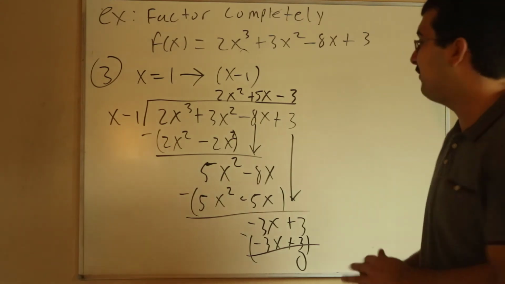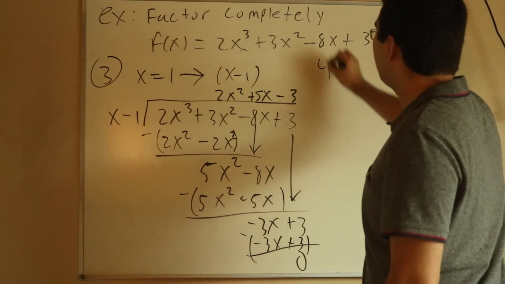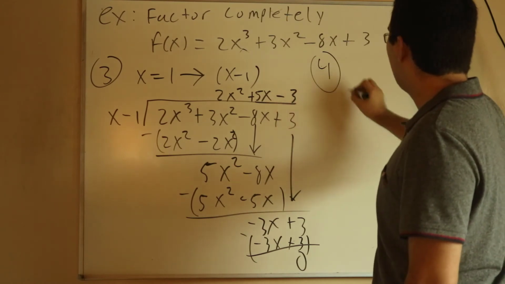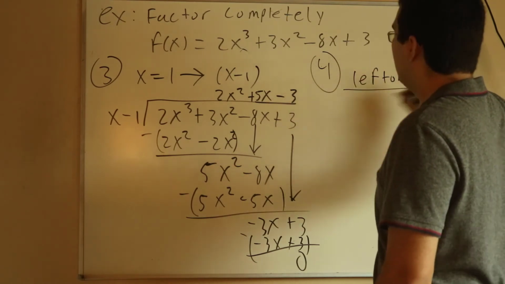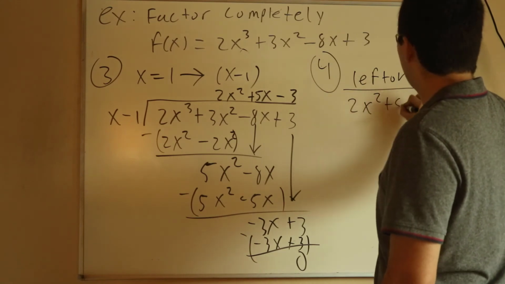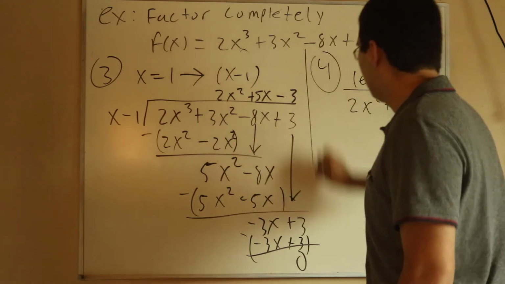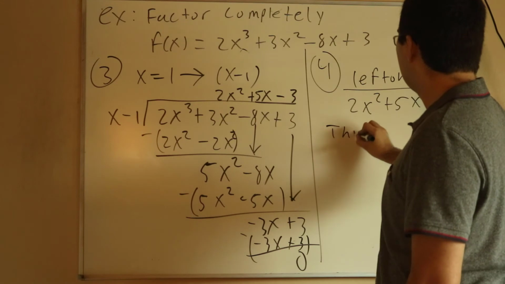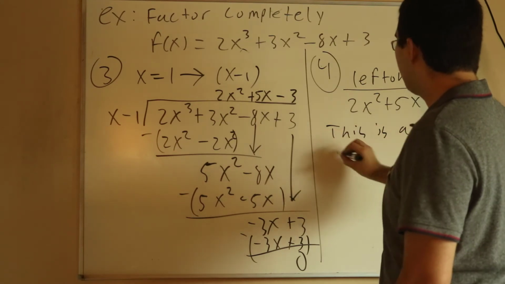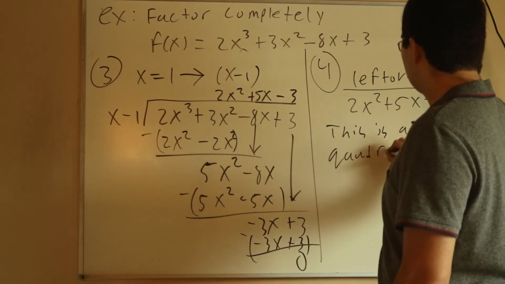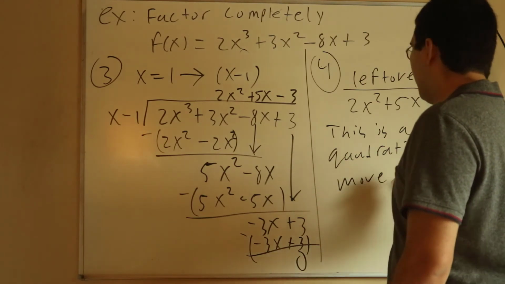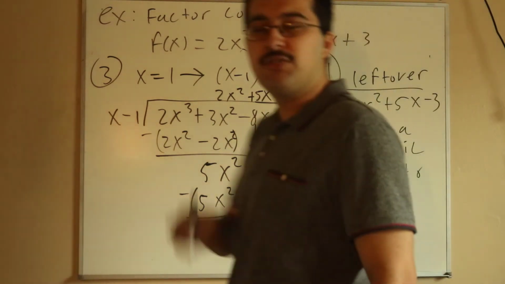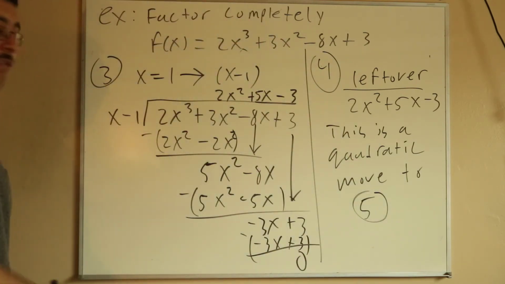So for step 4, what we have left over is 2x squared plus 5x minus 3. This is a quadratic. Move to 5. We can go ahead and move on to step 5 now.